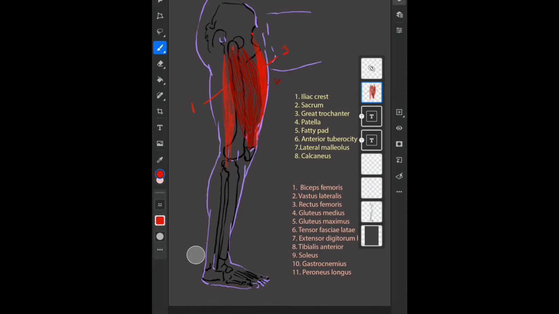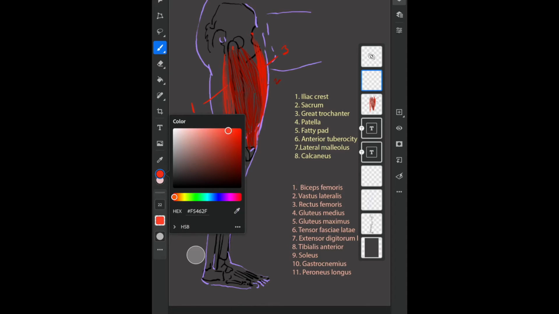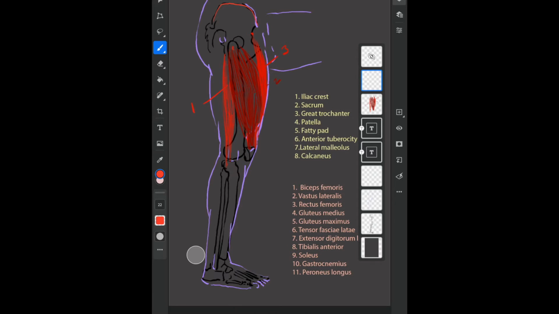Okay, now we've got our gluteus medius and gluteus maximus. Let's see if we can add a layer here. Our gluteus medius runs all the way along the length of the iliac crest and attaches to the trochanter. So that's going to look like this.